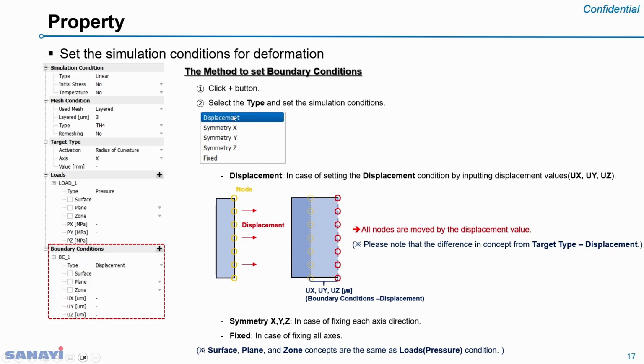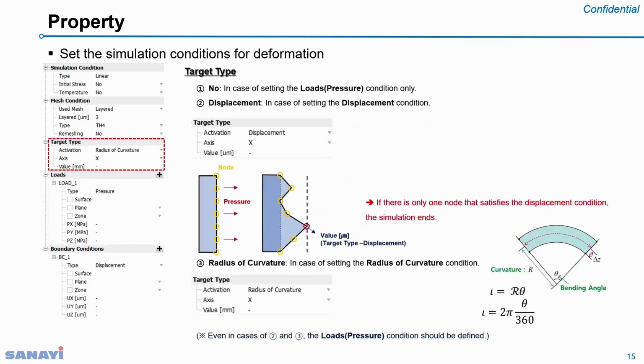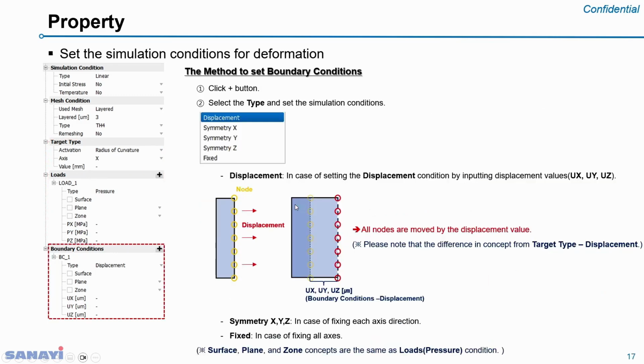Actually, there is a displacement in target type. The function name is the same, but meanings are different. Like this figure, all nodes are moved by the displacement value in boundary conditions.